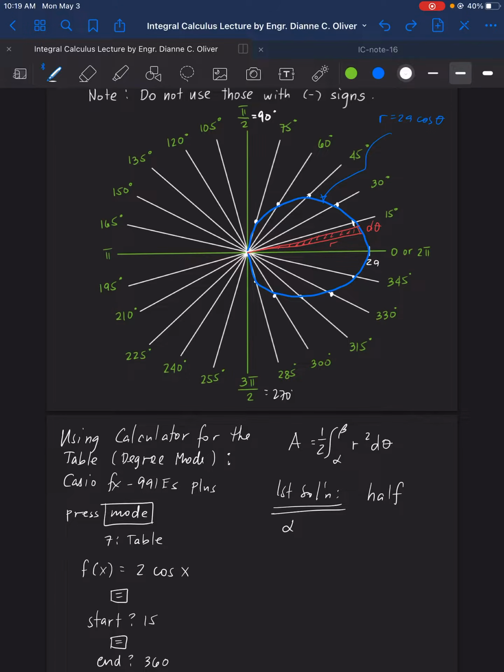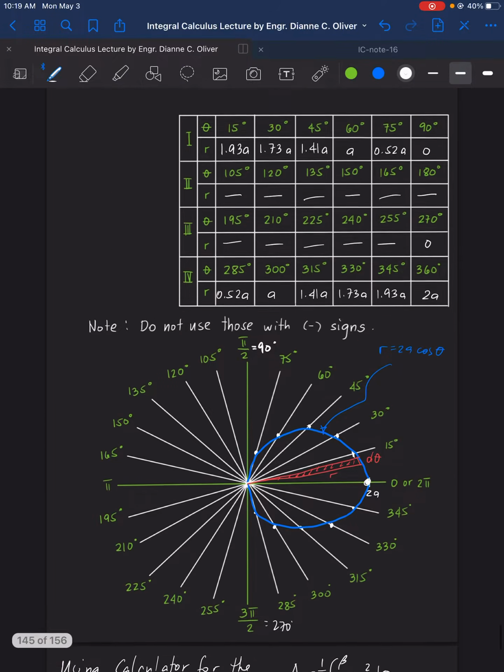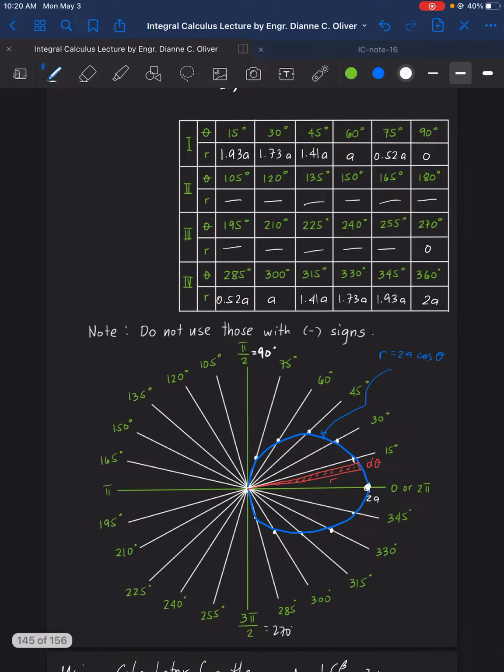So my alpha is now equal to the boundary at this point at 0 degrees, and then beta is where it ends. From the table, you can also find a clue. At 0 degrees, you close the boundary using the x-axis and the curve. That's why I chose the alpha at 0 degrees.